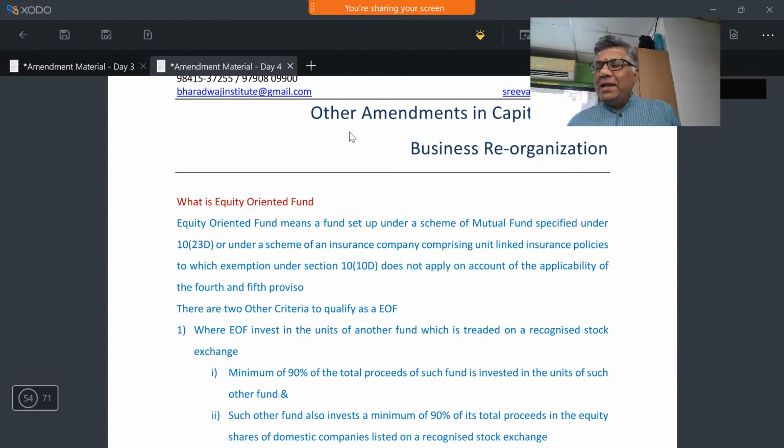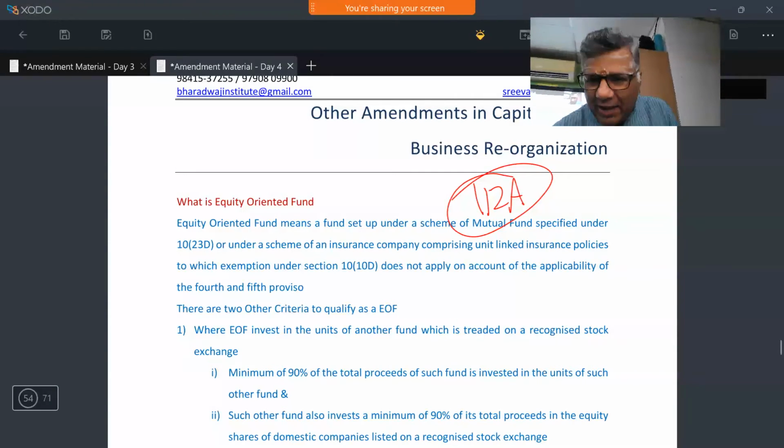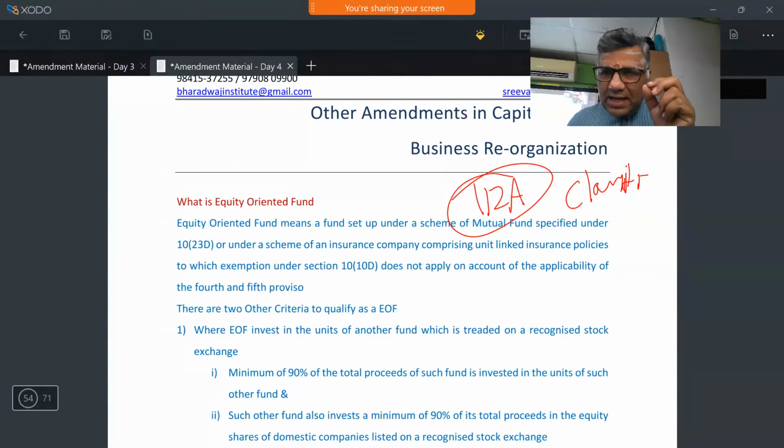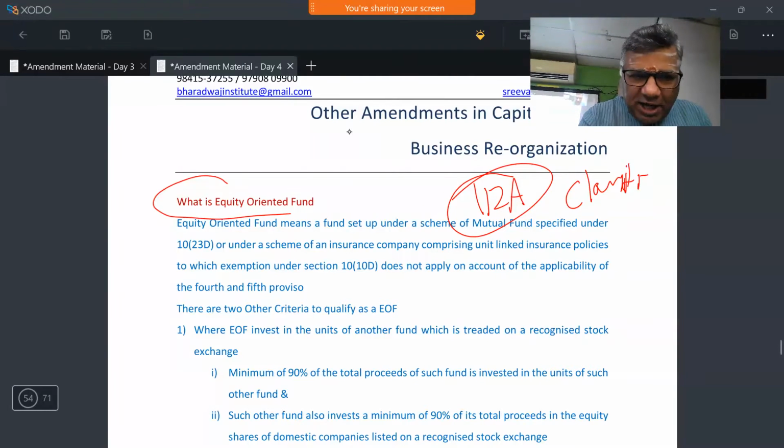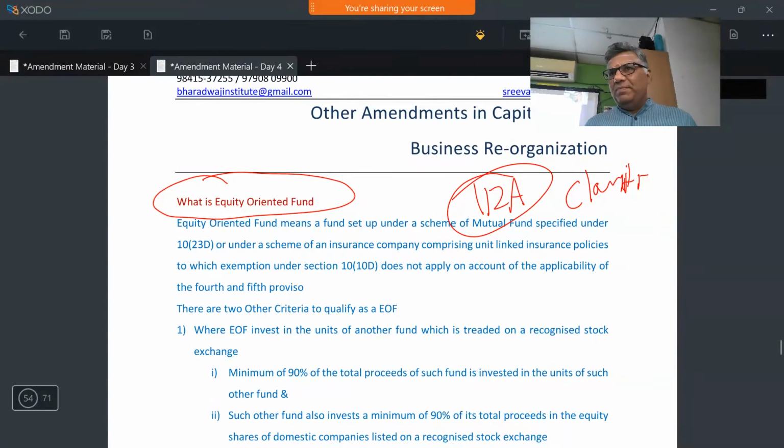We have been studying this in section 112A, and classification also we used to study. In the case of listed shares and equity oriented funds, up to 12 months it is a short term capital asset.